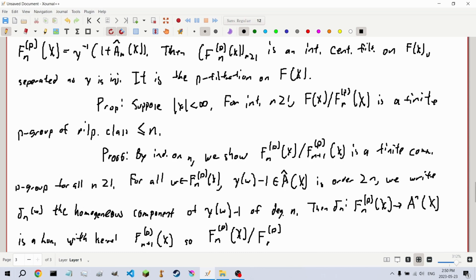Quotienting the kernel, I kind of mixed them all up. Is isomorphic to the image of delta n, a subgroup of A_n.